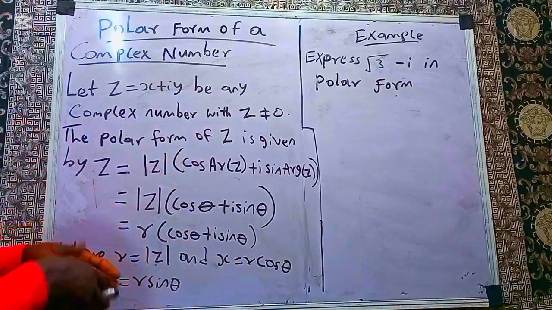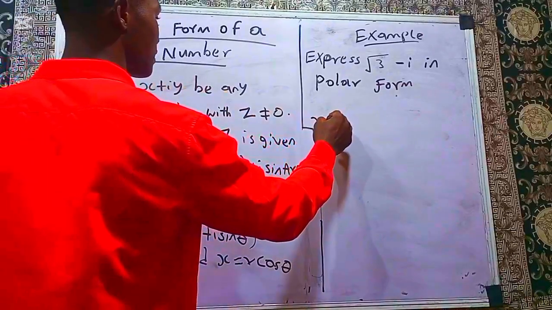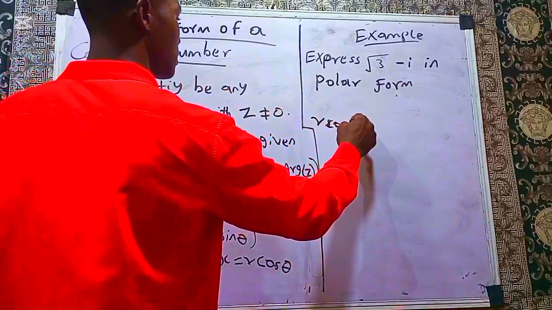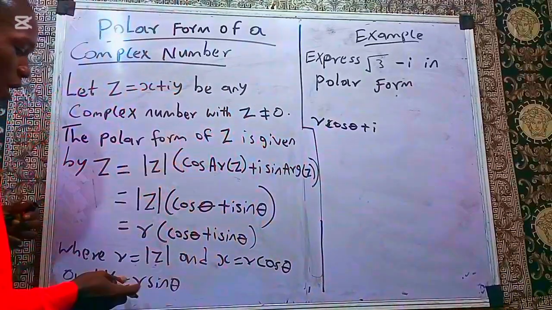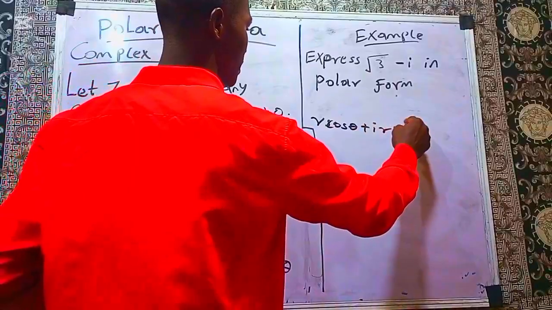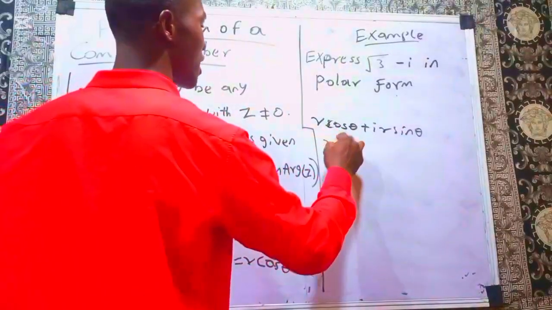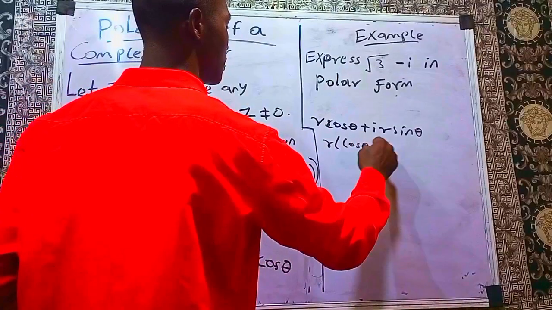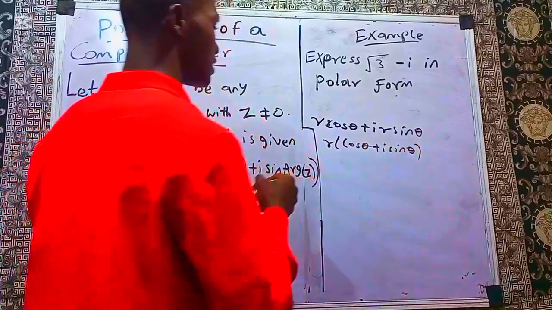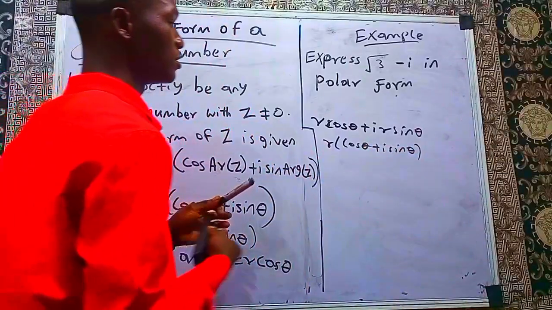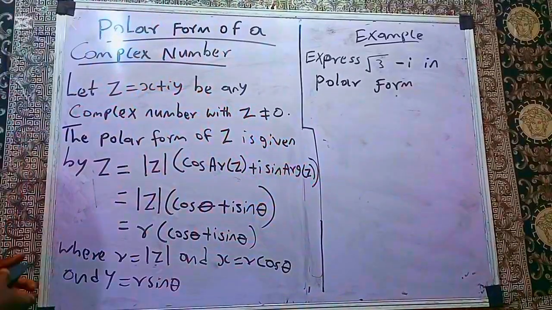So if you now do x, which is r cos theta, plus i, and y is what? r sin theta. If you factor out r as common, we will now have r cos theta plus i sin theta. So this gave us the polar form of any complex number.